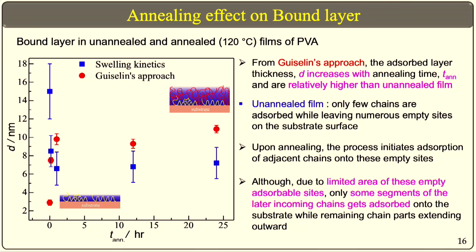However, the parts of the chains dangling out are known as the tail part of the chains. Overall this contributes to the adsorbed layer, because even after Guiselin's approach these chains cannot be removed, because the temperature is sufficient to let this adsorption happen.